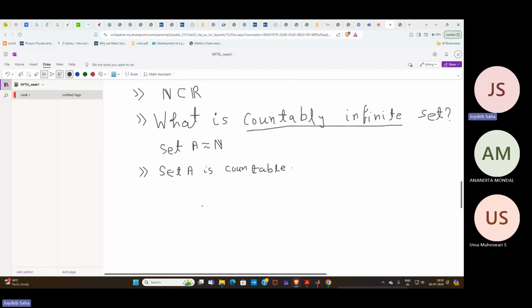When will we say that a set A is countable? If set A is countable, then what does it mean?